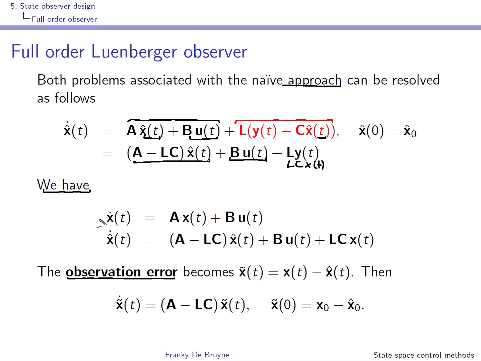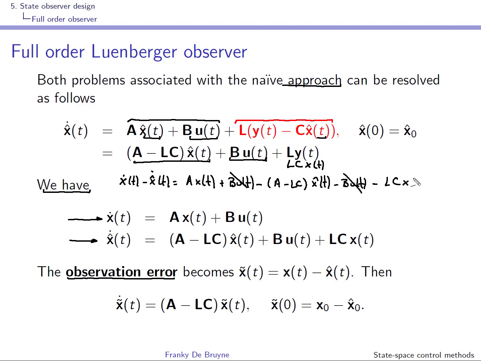So we have the dynamics of the actual system, and the dynamics of the observer, the full order Luenberger observer. What we can do is write x dot minus x hat dot, and this will be Ax plus Bu, minus (A minus LC) x hat of t minus Bu, and you see that these two will cancel out, minus LCx of t.